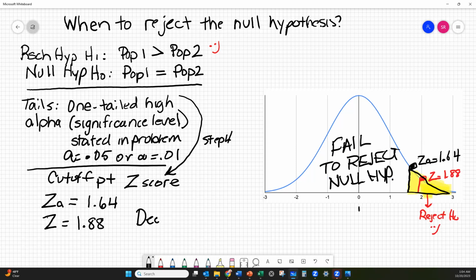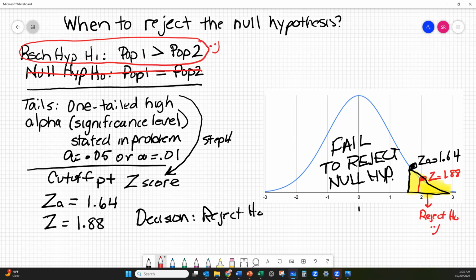So our decision is to reject the null hypothesis. And when we make this decision, we can, in our minds, cross it off. And if we cross it off, the only hypothesis remaining is this research hypothesis. The researcher is happy. Let's look at another quick example then.